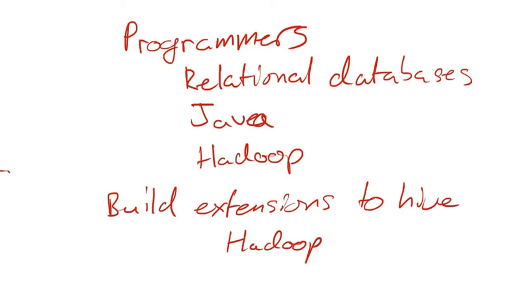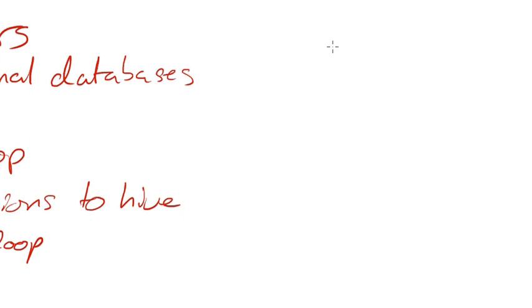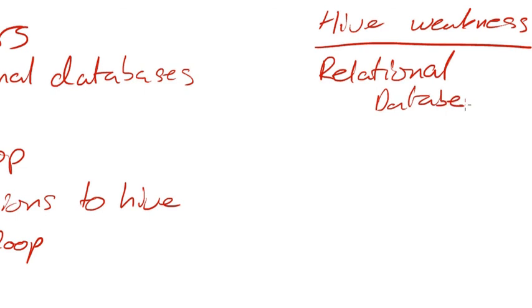Now the weakness of Hive, of course, is that it uses a relational database. Now, this isn't really a hindrance by itself, except that Hadoop, and therefore Hive, only do full table scans.